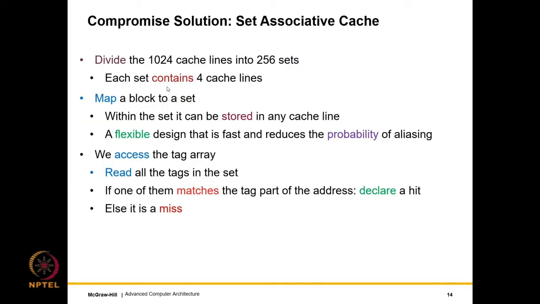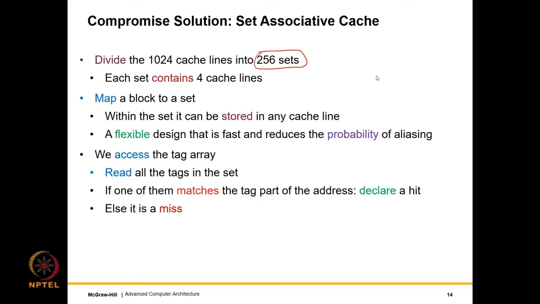So what is a compromise solution? The compromise solution is that I can have a set associative cache. In this, I can divide the 1024 cache lines into 256 sets, where each set contains 4 cache lines with contiguous indices.